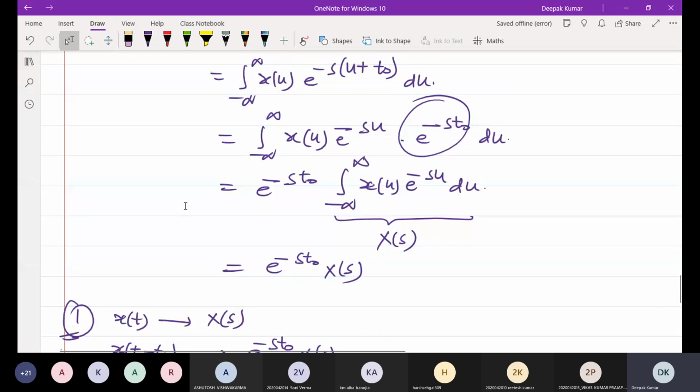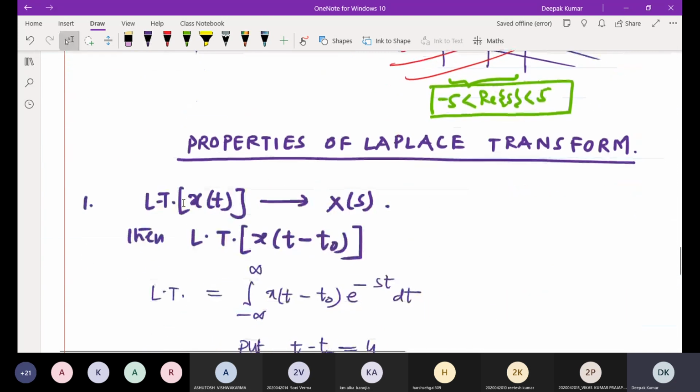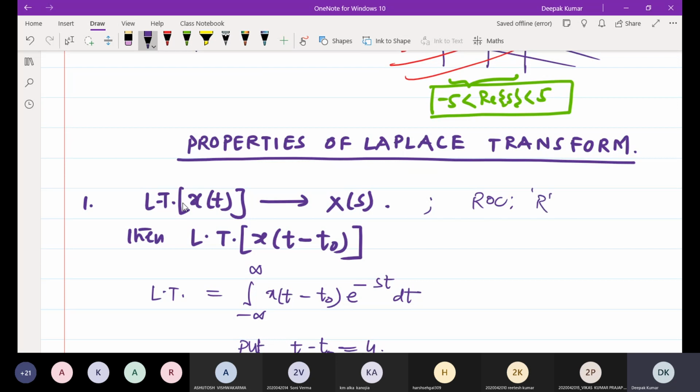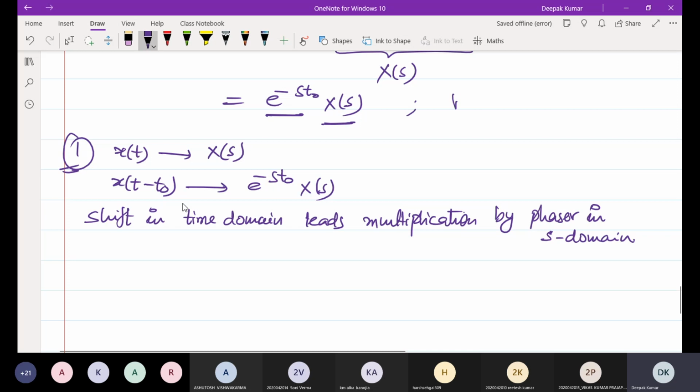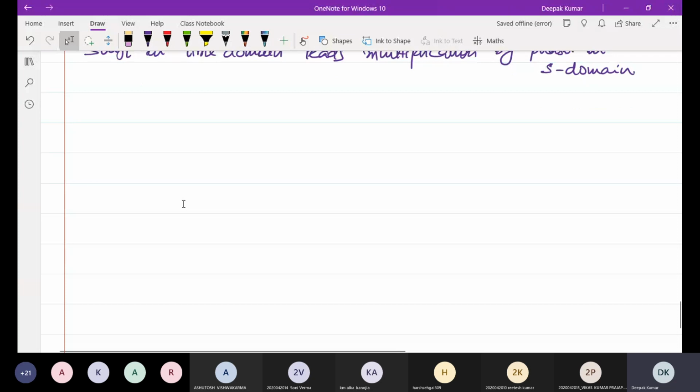And what about the ROC? Since this is a phasor and x of t is the same as the previous x of s, if the region of convergence of this x of s is R, the region of convergence of this will also be the same R. So this is one property: if you shift in time domain, it leads to multiplication with a phasor in s domain.